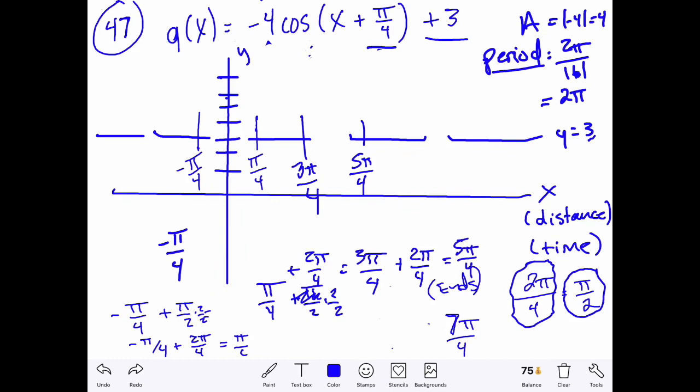And then if I added another 2 pi fourths to it, I'd be at 7 pi fourths. Okay. So I knew it ended at 7 pi fourths. That I just added on my period length to my starting point to see where it ends. And that's going to be helpful as I construct these. Okay, so let's go ahead and make the graph. Let me erase here.